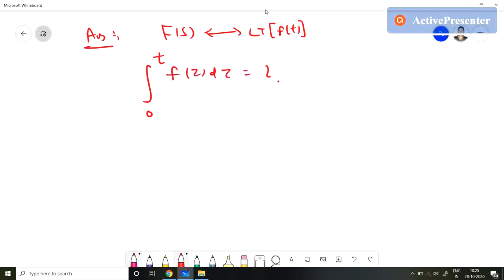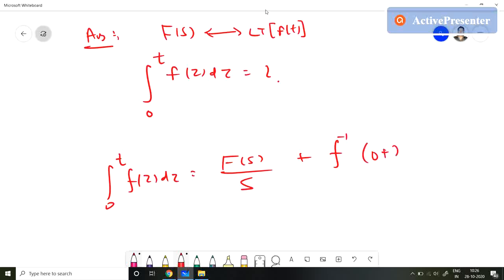Now according to the definition of this Laplace transform, this integral from 0 to t of f(tau) d tau is equal to F(s) divided by s plus f inverse at 0 plus divided by s.